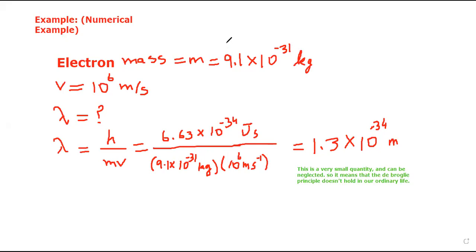When we use these values in our calculator, we get the value of 7.3 multiplied by 10 power minus 10 meters.